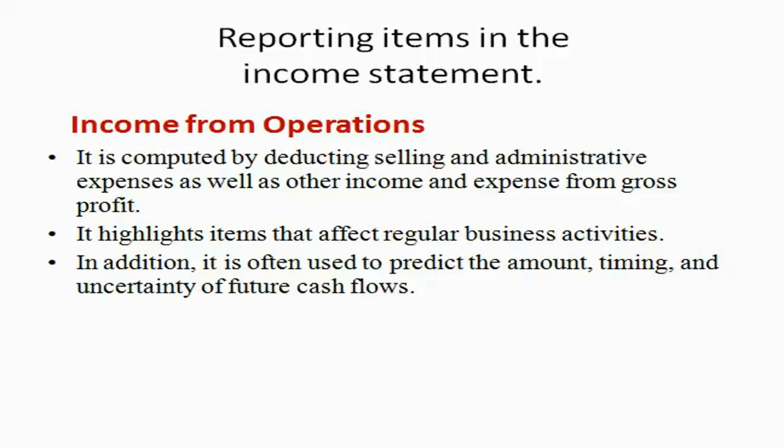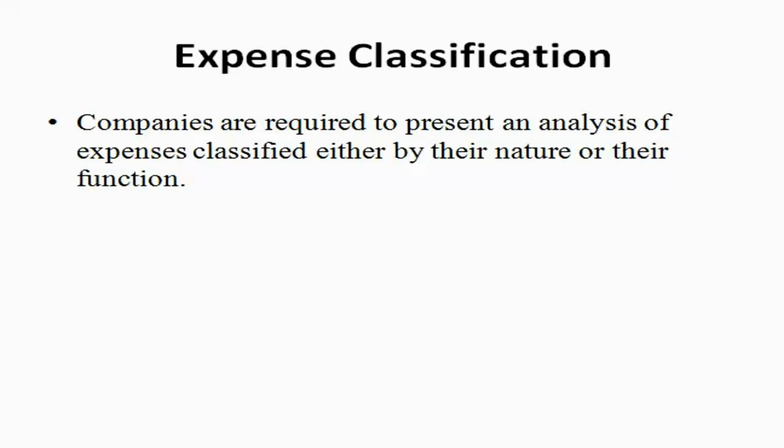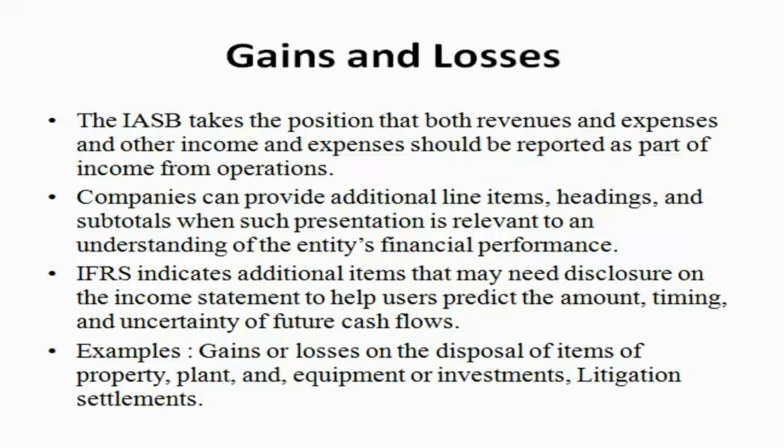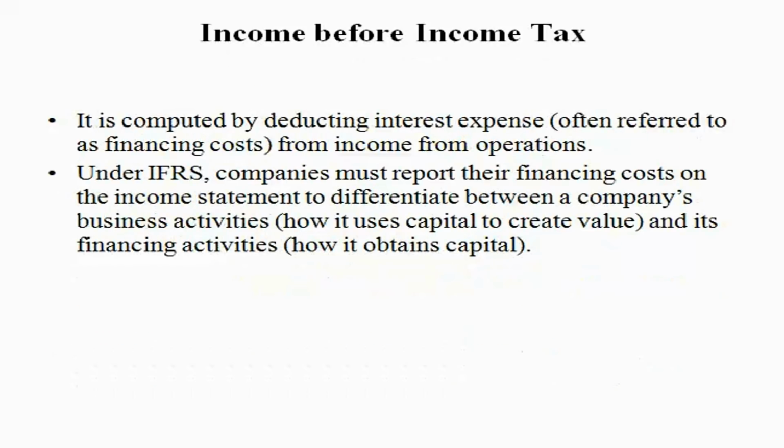Then we got the income from operations and its computations. Then the expenses and their classification, which are nature of the expense and function of the expense. Then gains and losses and how we report them. Then the income before income tax, its computations, and how IFRS required companies to report their financing costs.